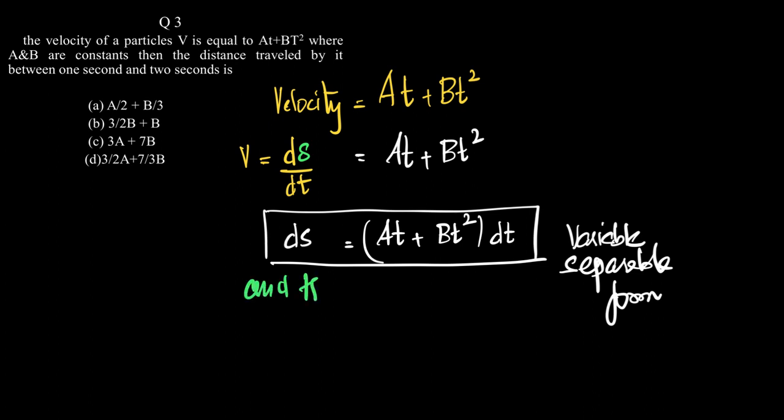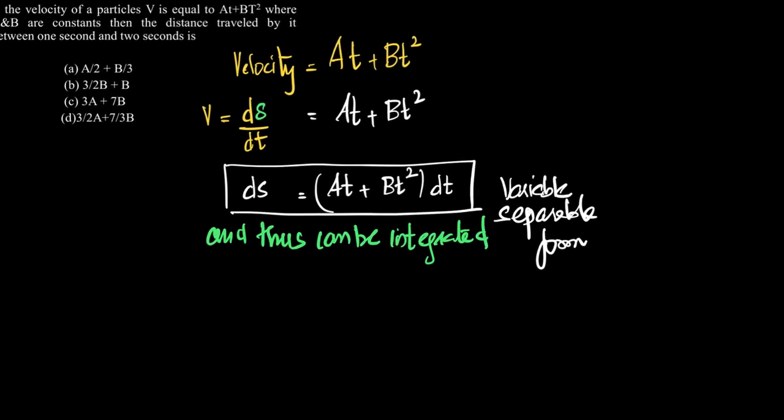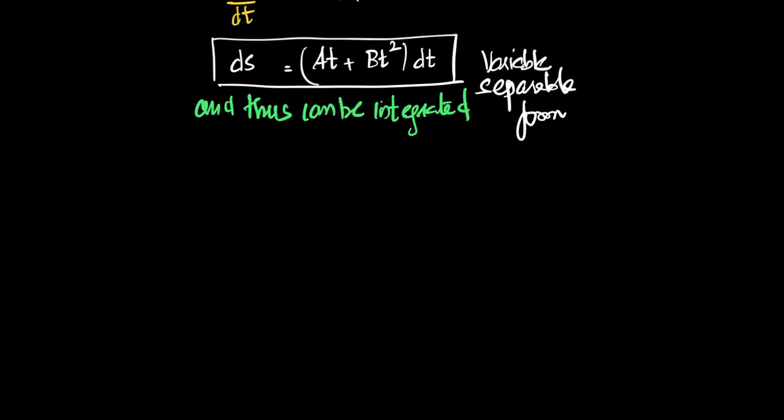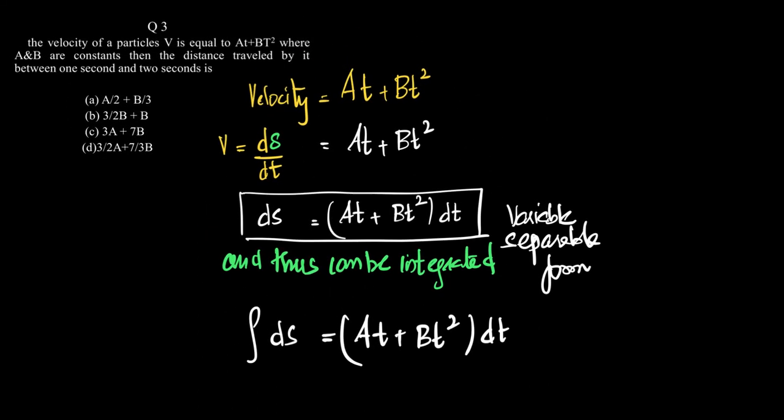It can thus be integrated, right? So what we're going to do is we're going to integrate this equation. So we can write integral ds is equal to at plus bt square the whole times dt.